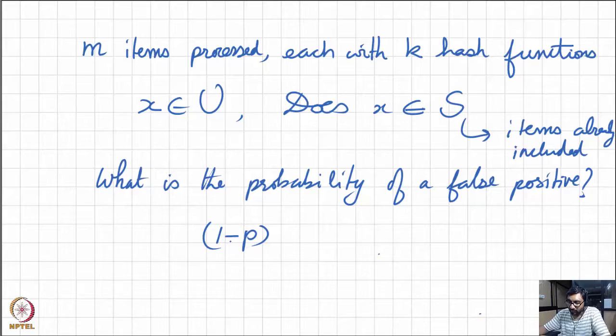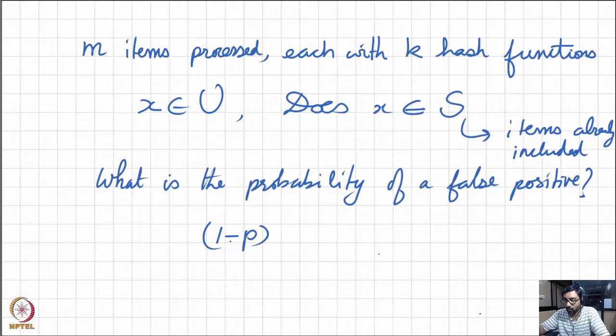So when x is hashed, given that an n times p fraction of cells are empty on expectation, with probability 1 minus p our hash value is going to fall into a cell that is already set to a 1.